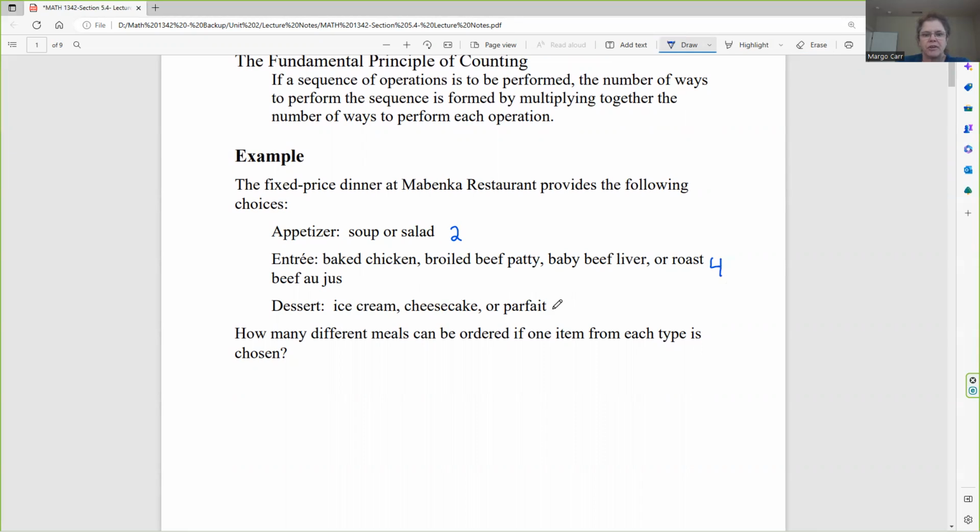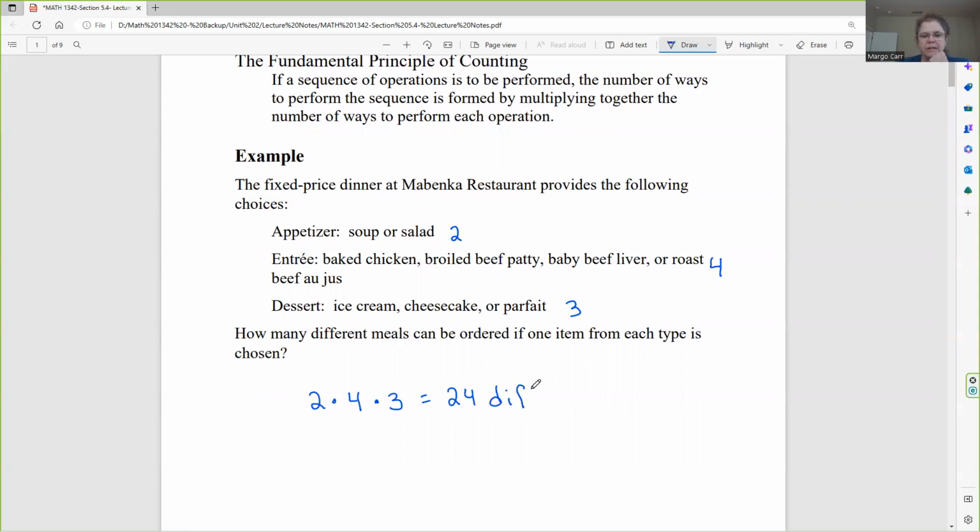We have ice cream, cheesecake, or parfait. That's 3 options. So the number of different meals is going to be 2 times 4 times 3. That's 24 different meals.